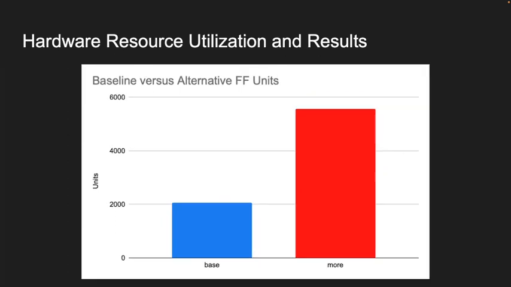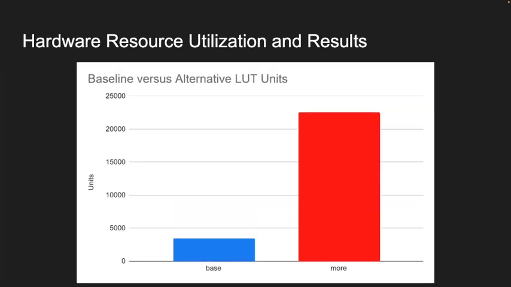We also have about twice as many FF units, but again, we're still not even hitting the upper bounds of the Z board's total units. The lookup table units is where we really start using a lot of the Z board, but again, we are very safe and not hitting 100% of the Z board's complete total lookup tables.